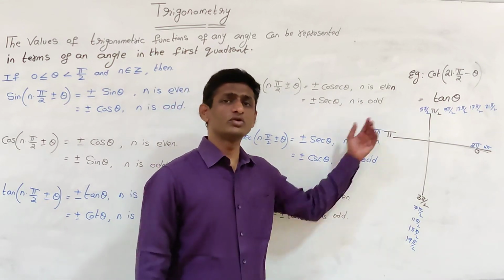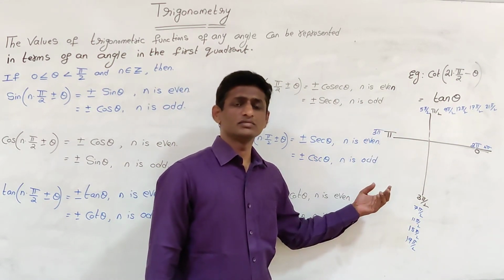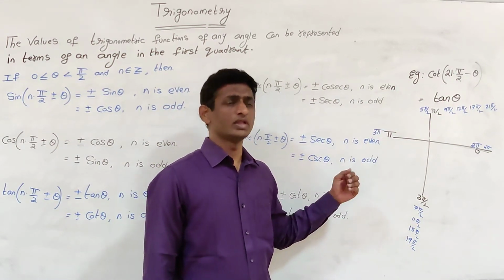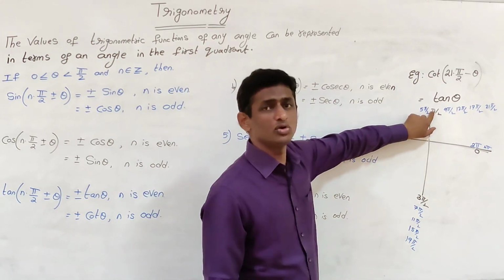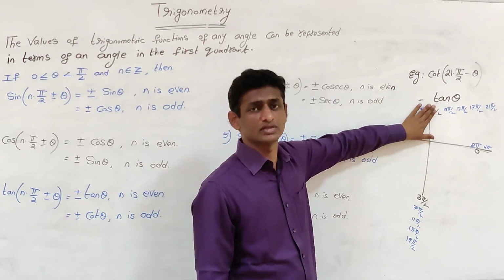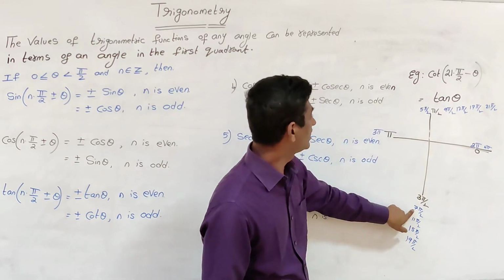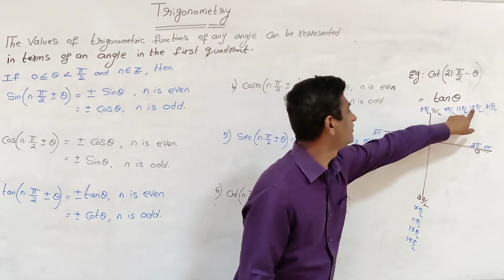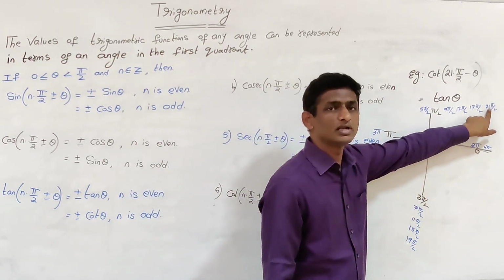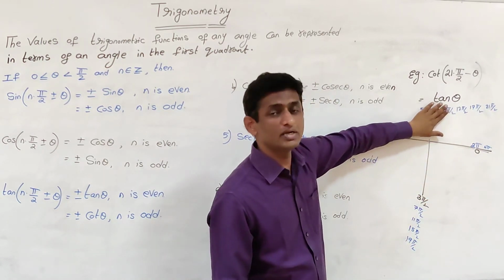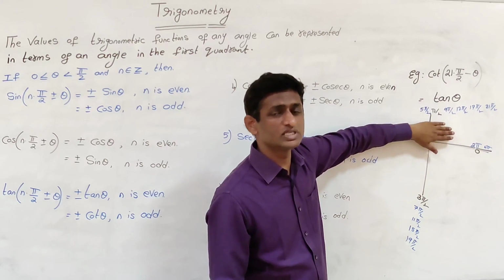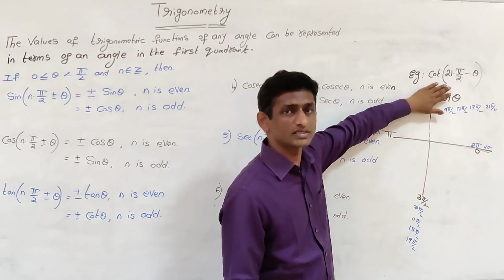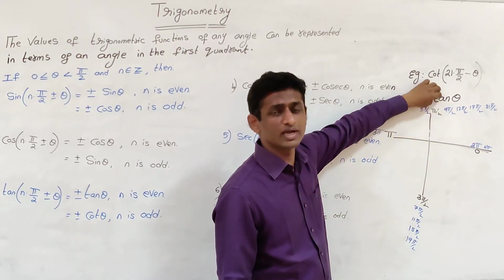So when the angle keeps rotating continuously, 21 pi by 2 lies on the positive y-axis. So 5 pi by 2, 7, 9, 11, 13, 15, 17, 19, 21. Means 21 pi by 2 is the angle which will be on the positive y-axis.